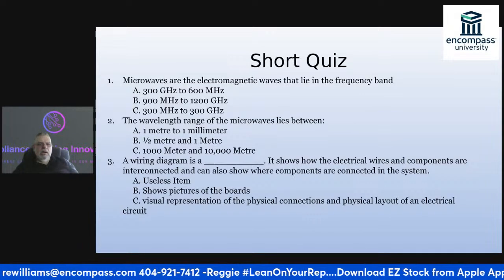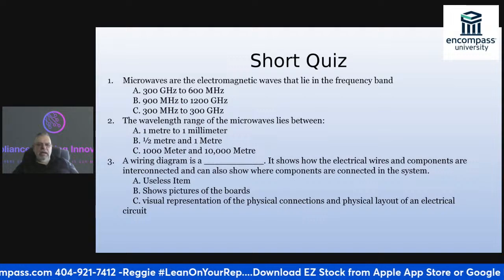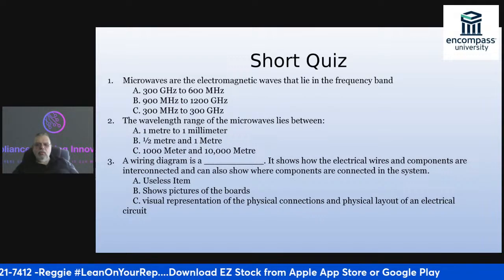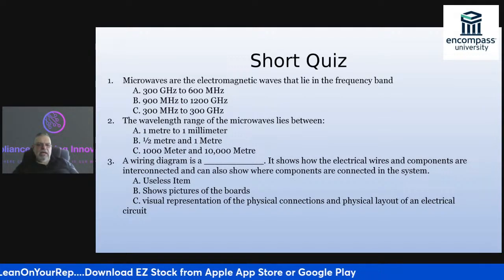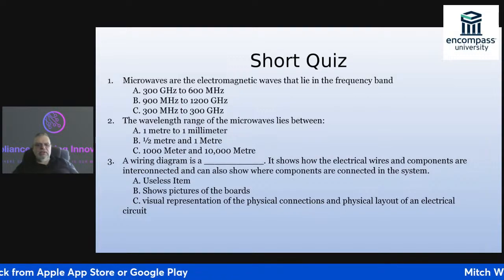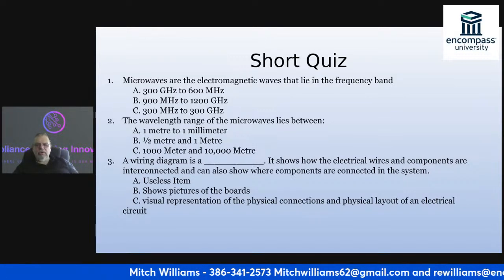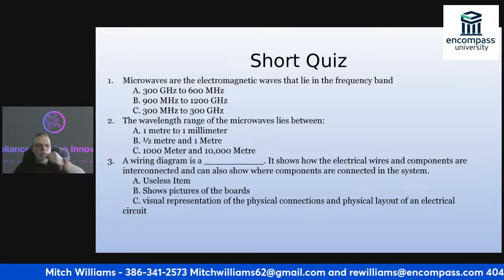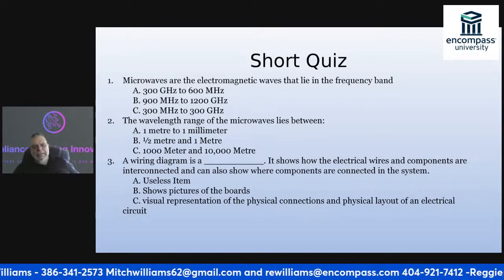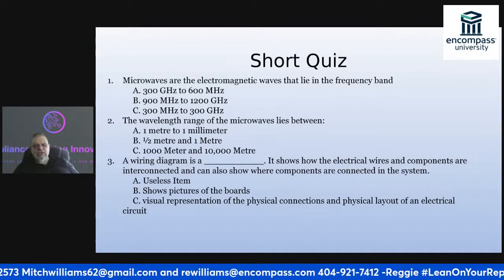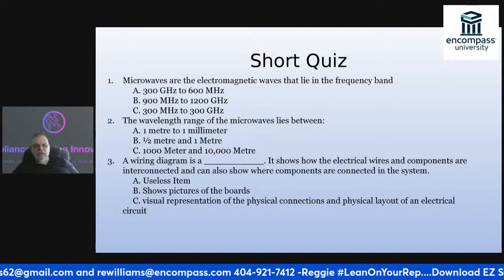Okay. A wiring diagram is a blank. It shows how the electrical wires and components are interconnected and can also show where components are connected in the system. Okay, the wiring diagram is a useless item. It shows pictures of the boards, or it's a visual representation of the physical connections and the layouts of an electrical circuit.